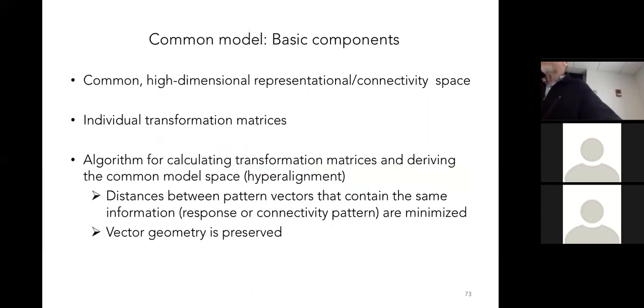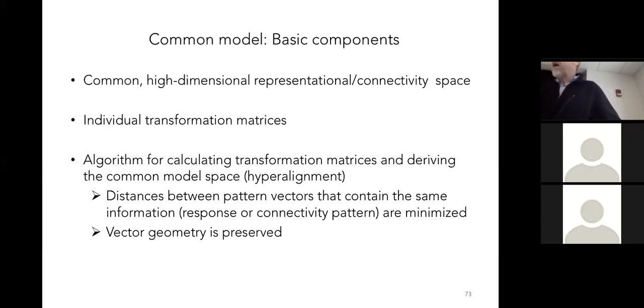to just the major elements of the common model derived with hyperalignment. So the basic component is this common high-dimensional space, and you can have information about representational patterns or about connectivity patterns. And then there are individual transformation matrices for each individual subject.